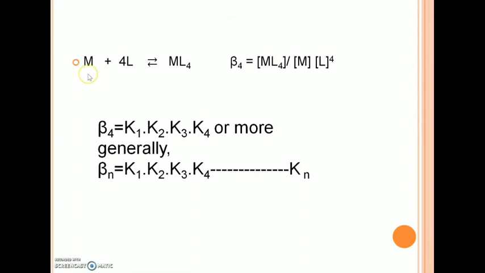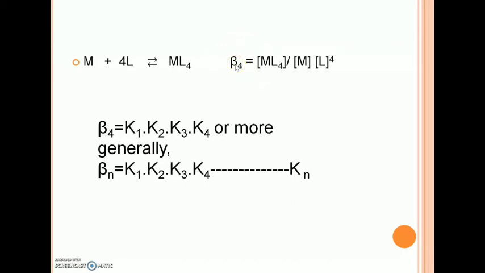We can also write this reaction in a single step, that is, M plus 4L or nL gives ML4 or MLn, and the stability constant here we represent as beta.